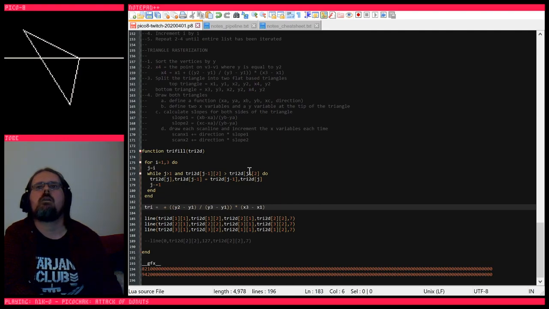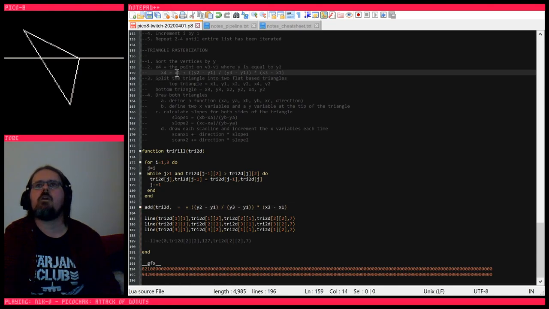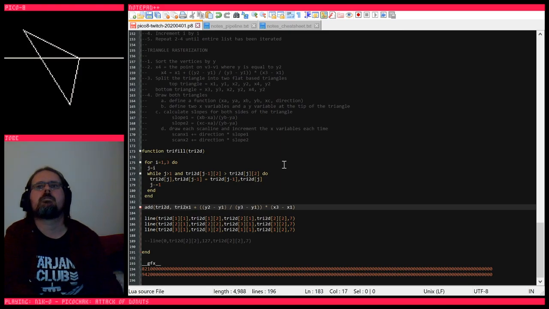So try to D, and the x of that fourth vertex is going to be like this, and y3 minus y1 and x3 minus x1.